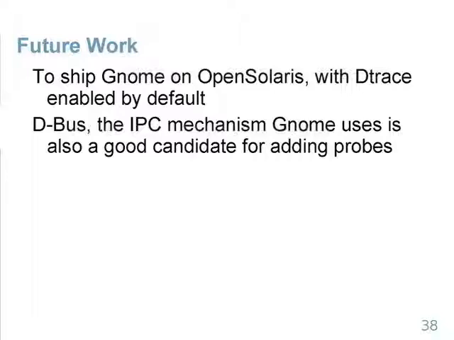Next, we could get dbus, if that stays for long, DTrace enabled as well. GNOME heavily uses dbus as of now. If that stays, we can add more probes there. So that's all I have.